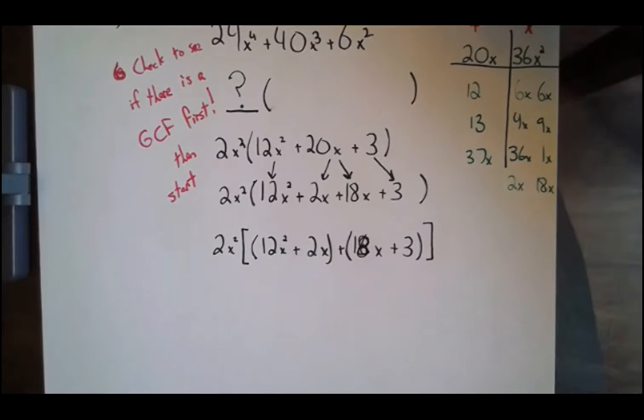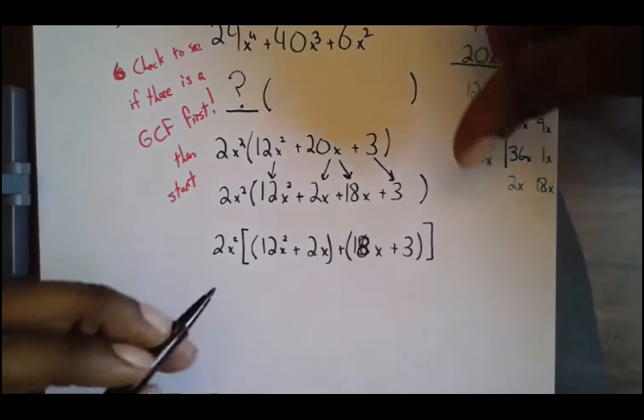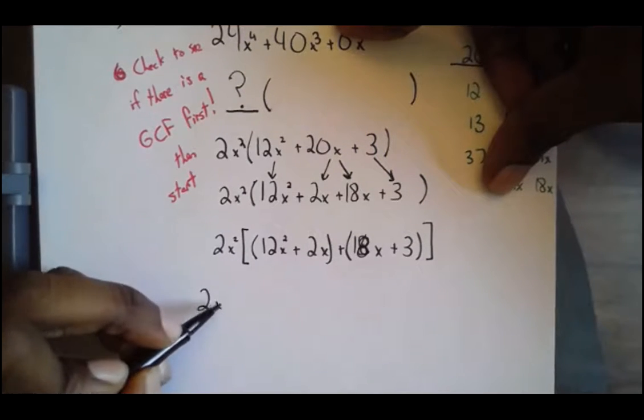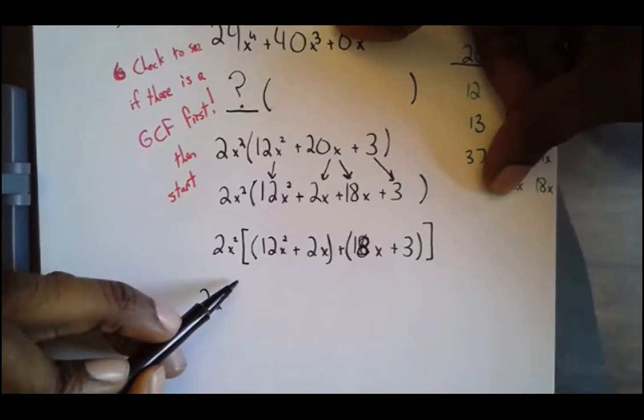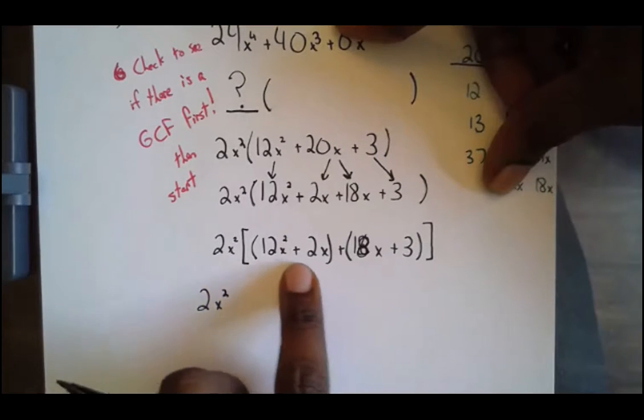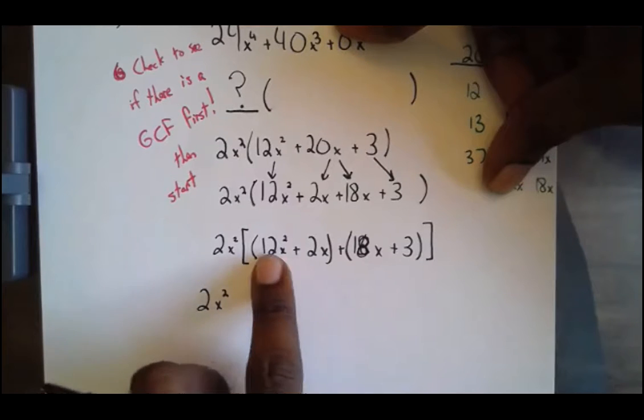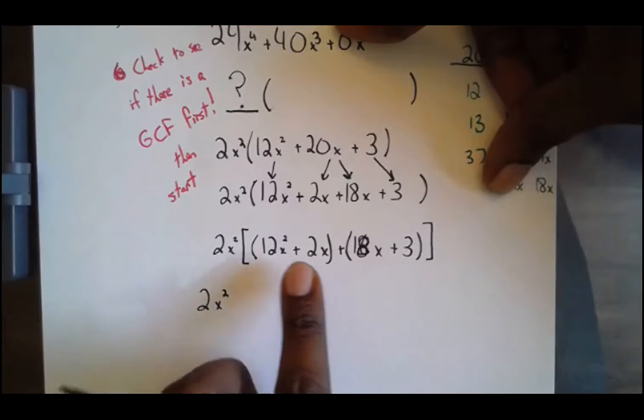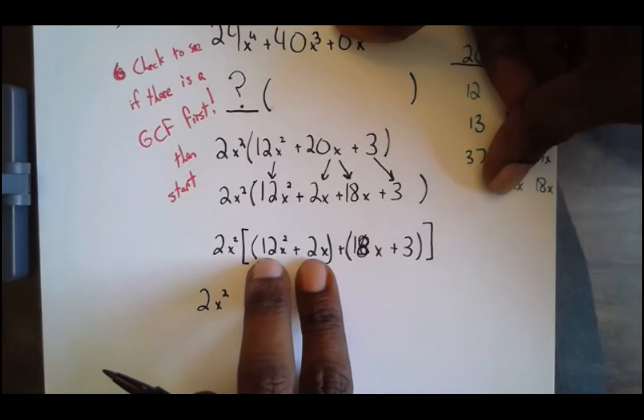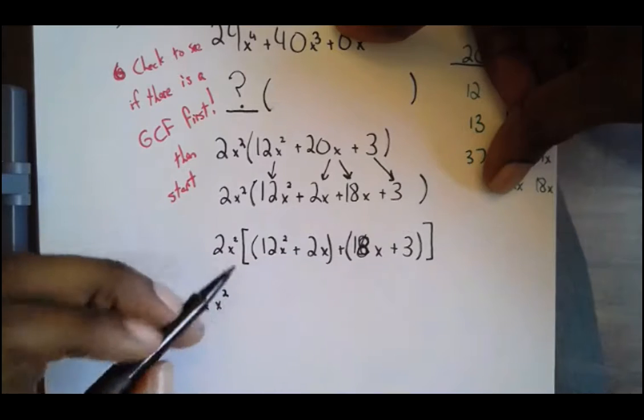So, okay. Kelly, you with me still? Yes. All right, so Kelly, do you know what number's going to go on the outside for these, or what the GCF is? What number goes into both 12 and 2? 2x? 2x, yeah.